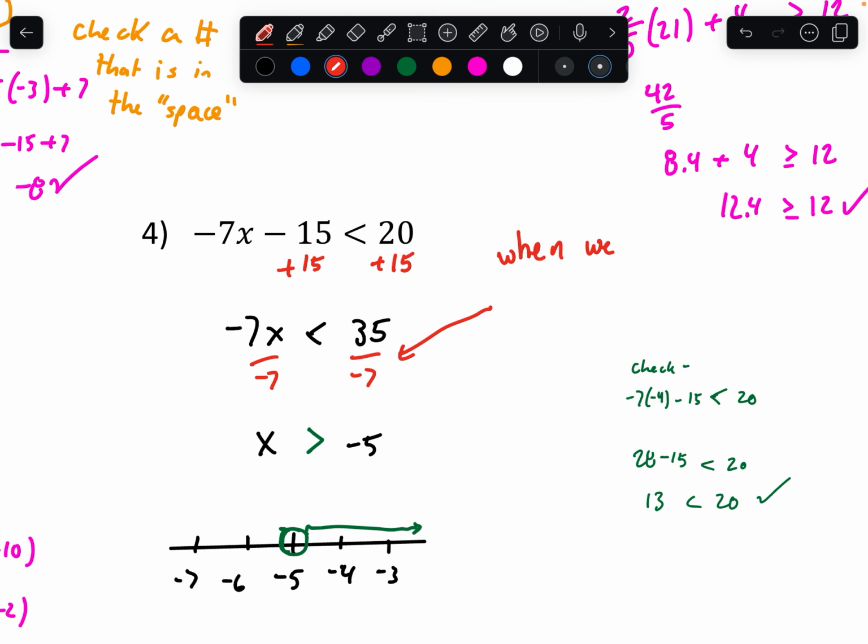And it does have to be when you multiply or divide both sides by a negative. The symbol flips.